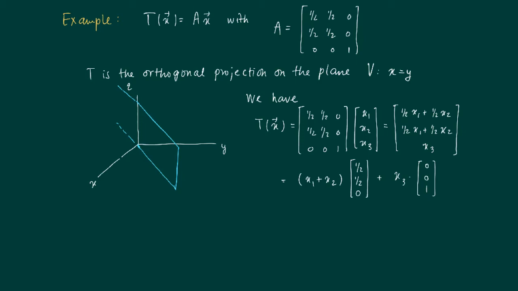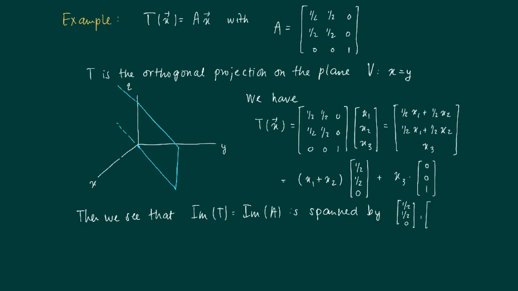So by varying the constants x1, x2, and x3, so basically by varying the vectors x in R3, we see that the image of T, which is by definition the image of A, is basically the span. Well, what is the span? All linear combinations of the vectors half, half, 0, and 0, 0, 1. So we can build up our image of T by taking two vectors and considering all linear combinations of those.